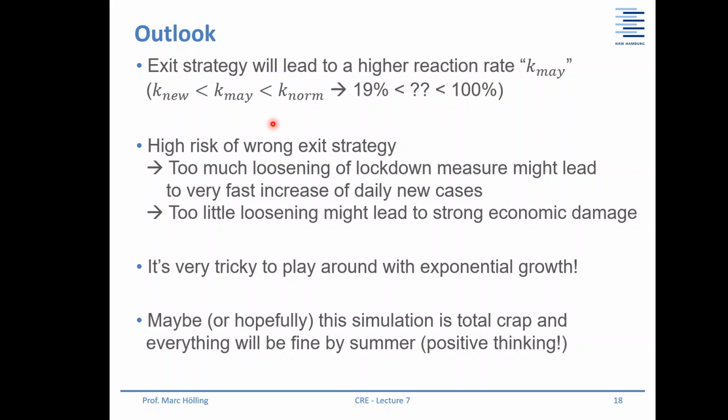So it's really important that you don't overstress it. You saw that at 35% everything could become fine. If you choose 50%, then it's getting difficult. And I think there's a high risk of the wrong exit strategy.